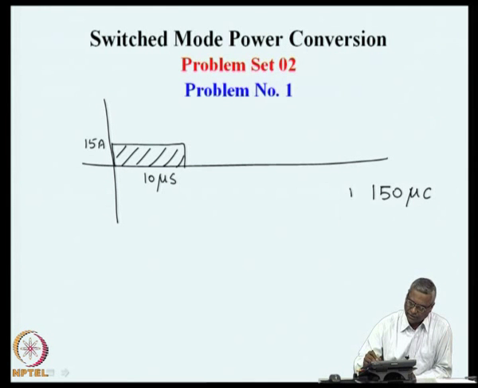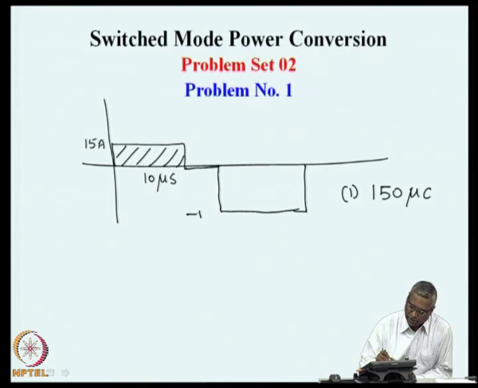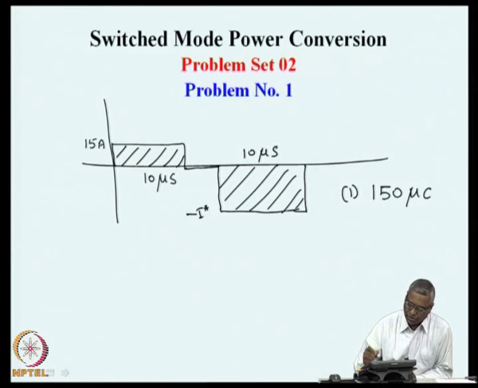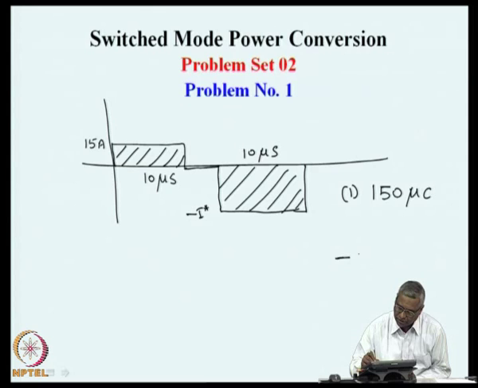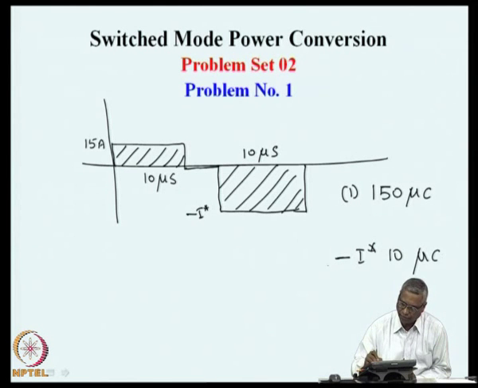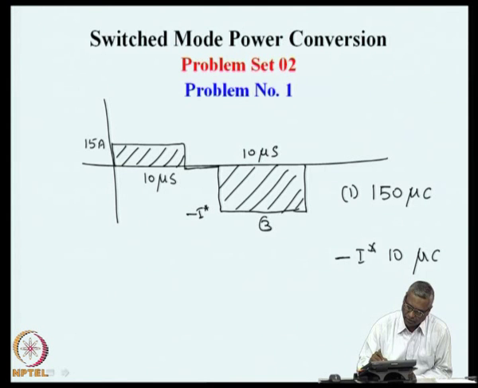So this is the first area. Then we have a negative area which is minus I star, again for 10 microsecond. So this area can be written as minus I star into 10 microcoulomb. This is the third part, and this is the first part.